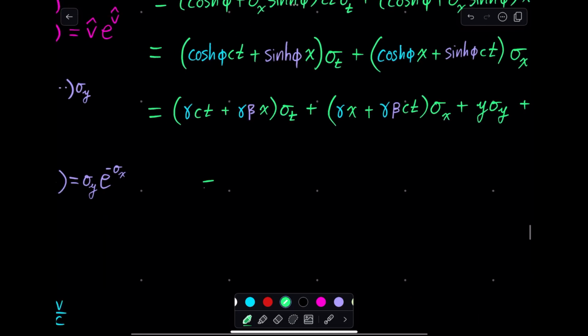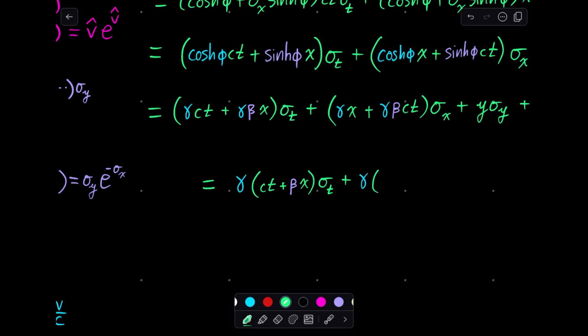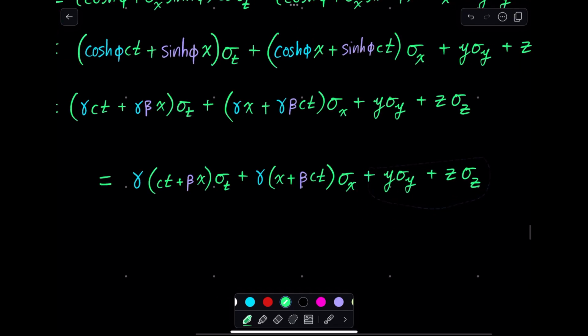And finally, we can put it into simplified form by pulling out the gammas. So we have CT plus beta x sigma t plus gamma times x plus beta CT sigma x plus all the other terms.